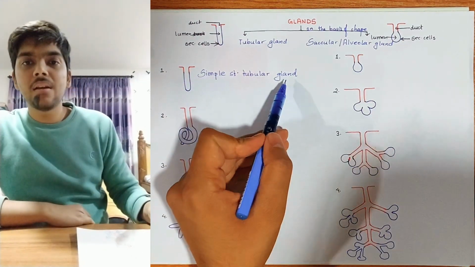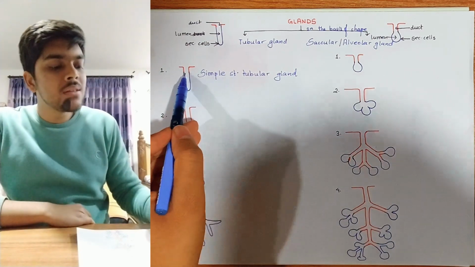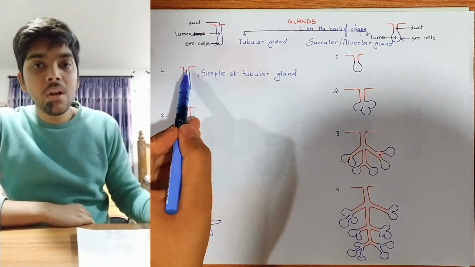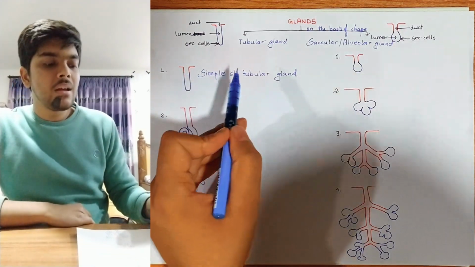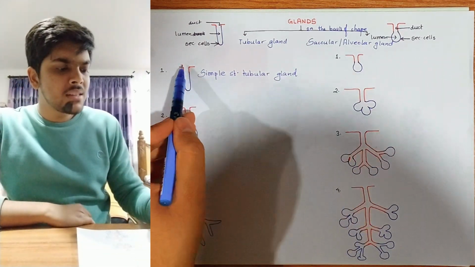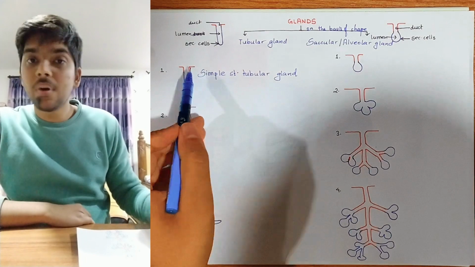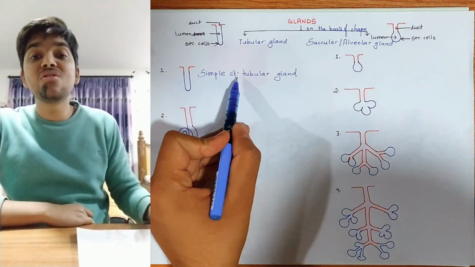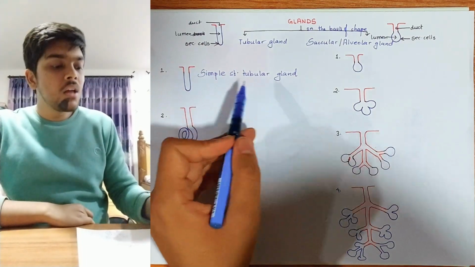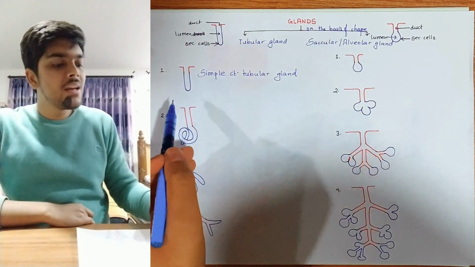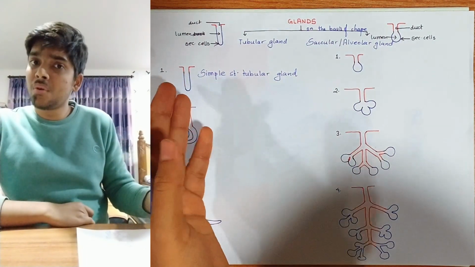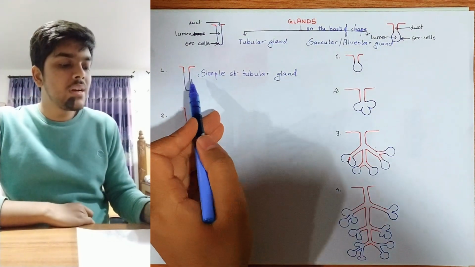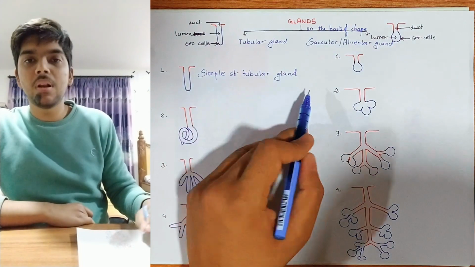It's a simple gland, which means it has one single duct, and from the diagram you can clearly see that only one duct is present. It's a tubular gland, shaped like a tube, and it's a straight tubular gland. That's why it's a simple straight tubular gland.